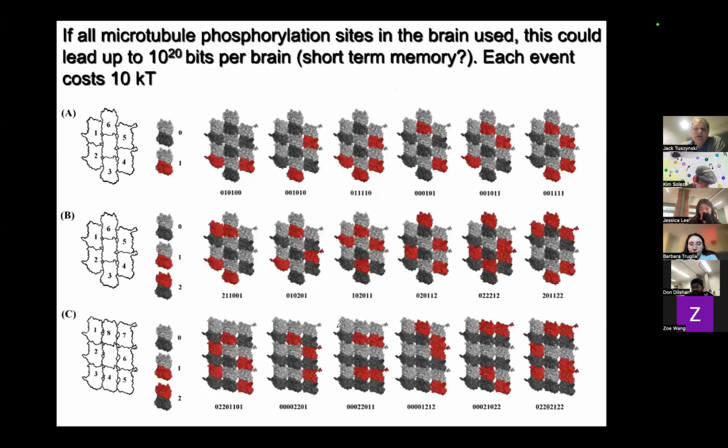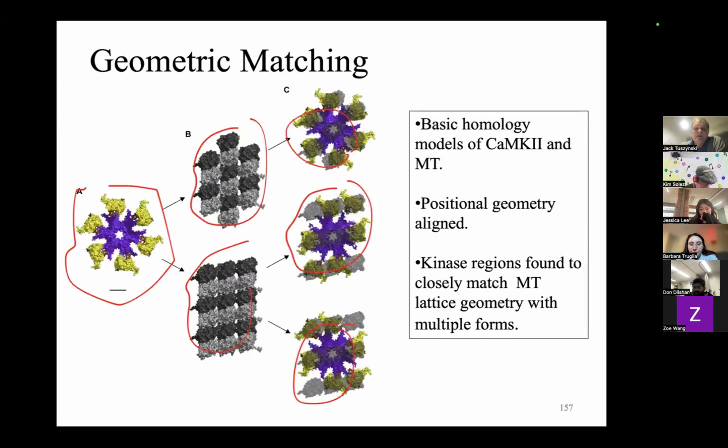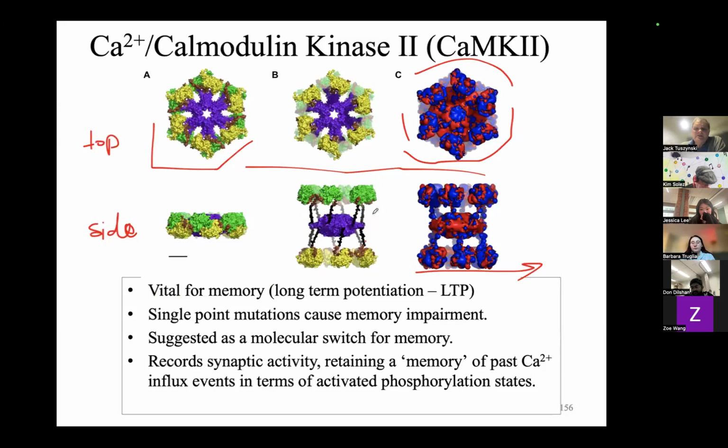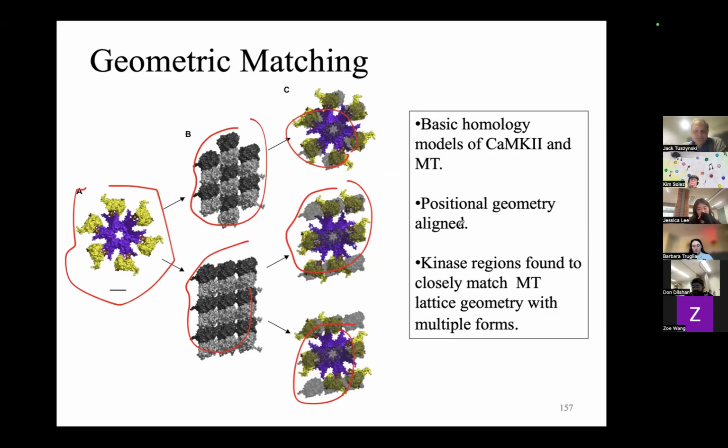I don't have a picture here, but it's also matching electrostatically, which means that these blue areas match the red areas on tubulin, and vice versa.